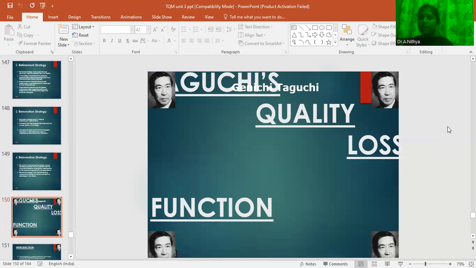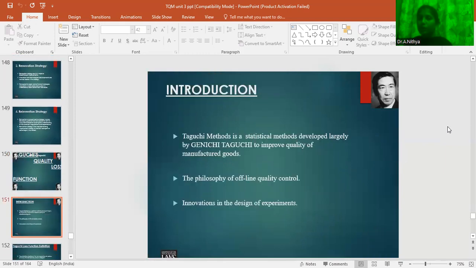And the next topic is Taguchi quality loss function. Taguchi method is a statistical method developed largely by Genichi Taguchi to improve quality of manufactured goods. This philosophy is off-line quality control.